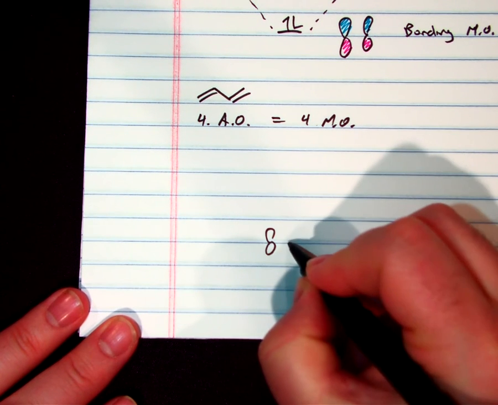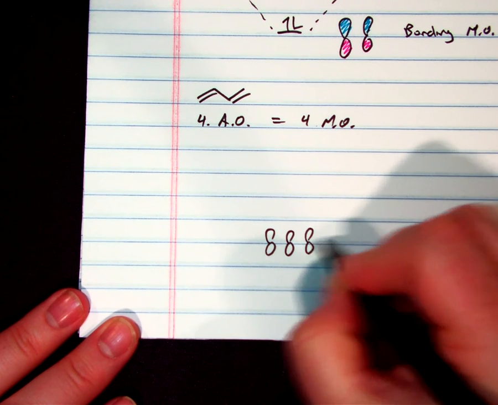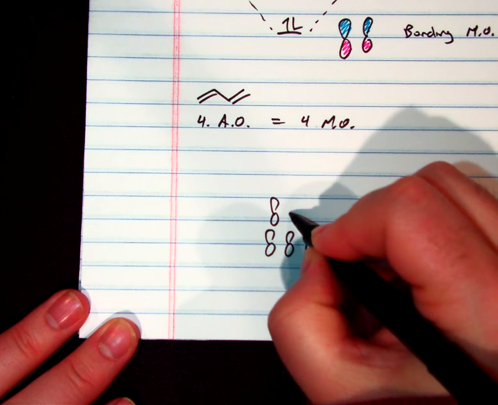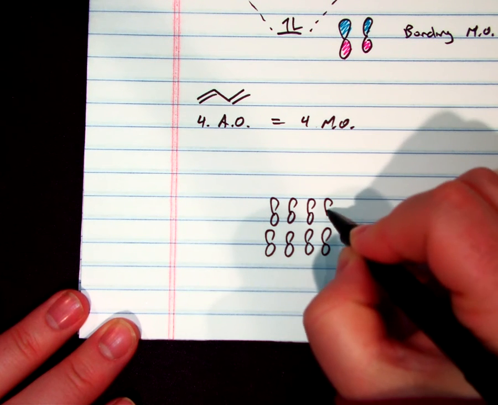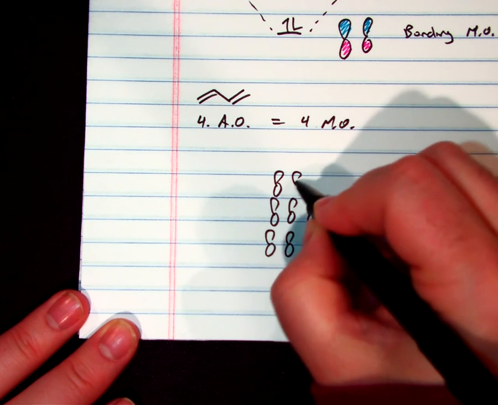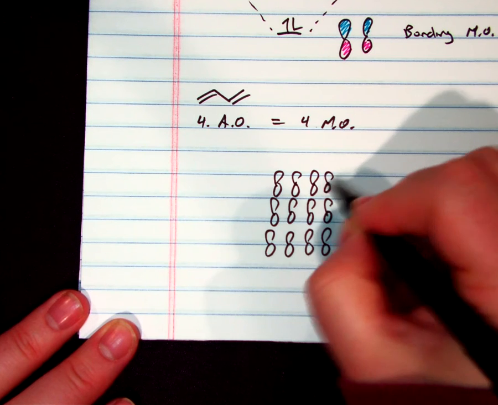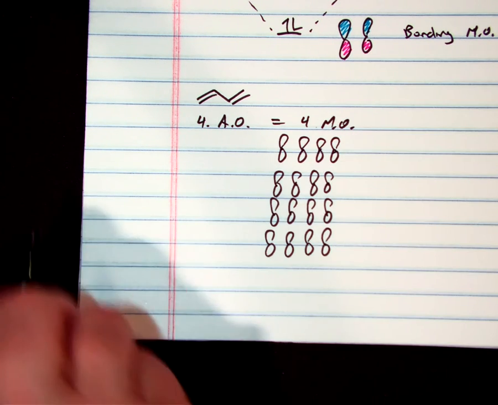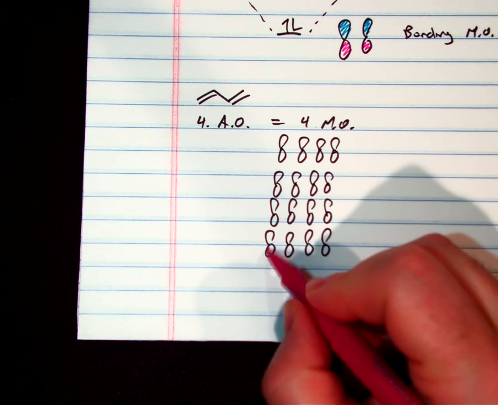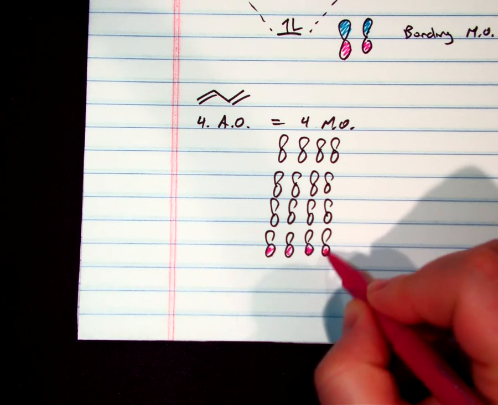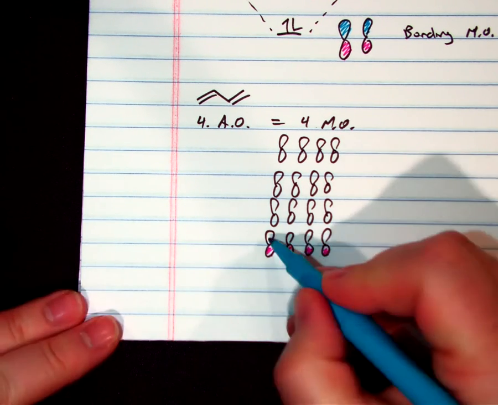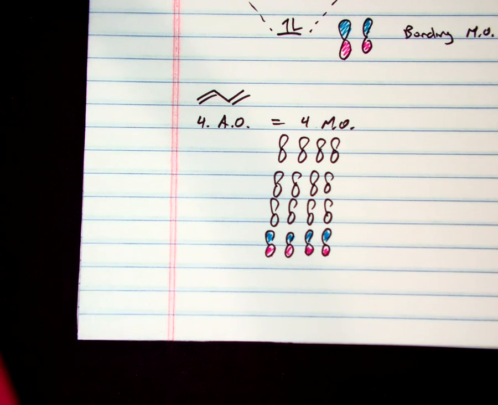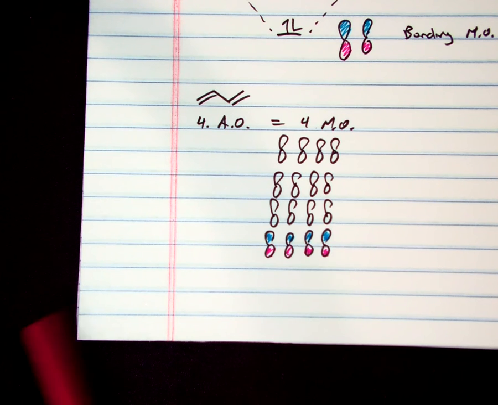So we're going to have 4 different cases. And if we look at how these line up, in the lowest energy state, all of these orbitals are going to be in the same phase. So that means that we're going to be able to find electron density over this entire sequence.